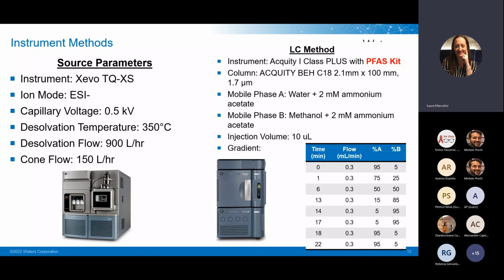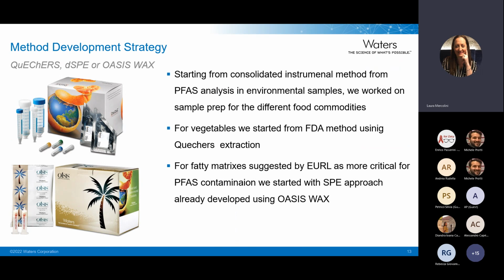In this case, working with a dirty matrix, we try to inject as little sample as possible in order to mitigate the matrix effect. But for the rest, all the LC and MS parameters are the same, already developed for water analysis.